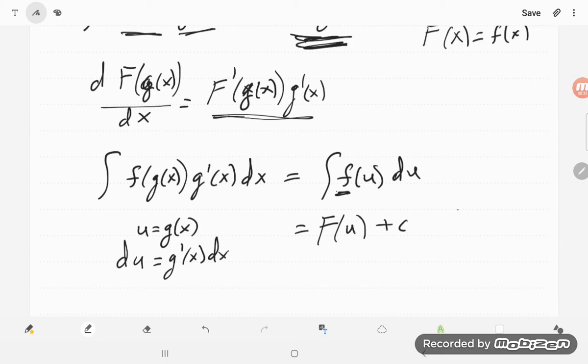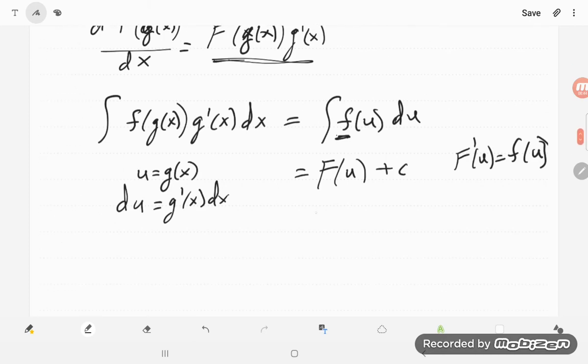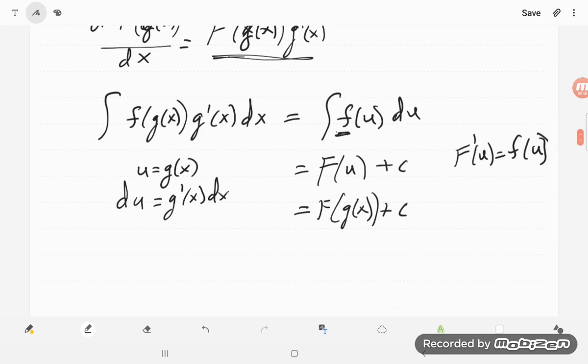Okay, so we have F prime of u equals little f of u. Again, that's not a standard notation, so we need to let people know. But then this is uppercase F of g of x plus c. And so that is the substitution technique.